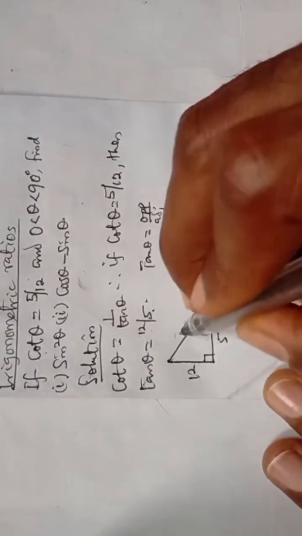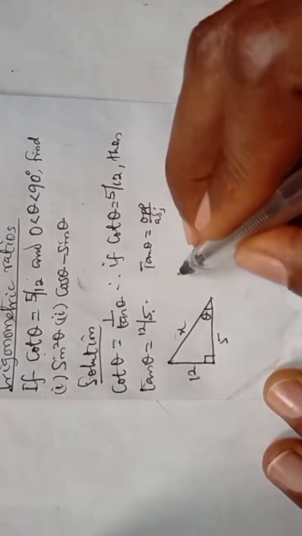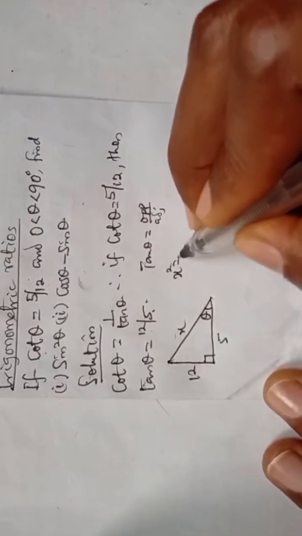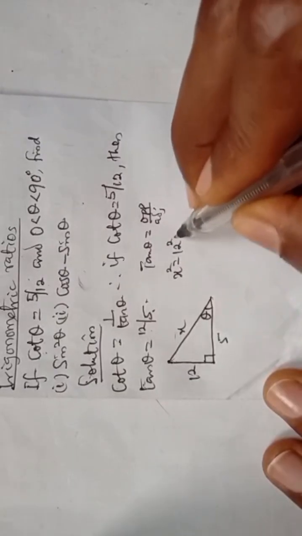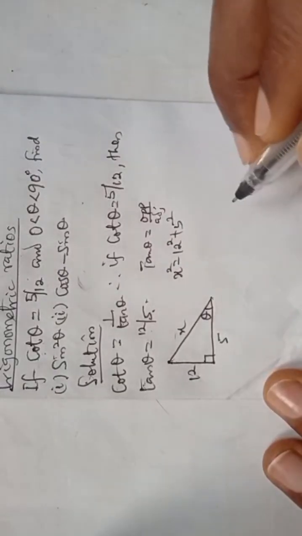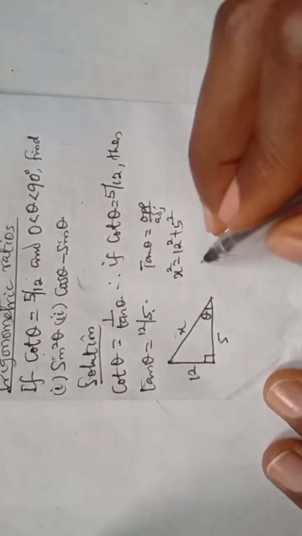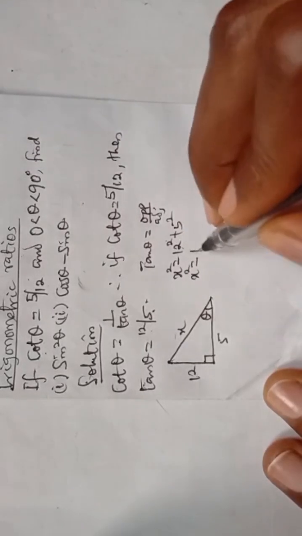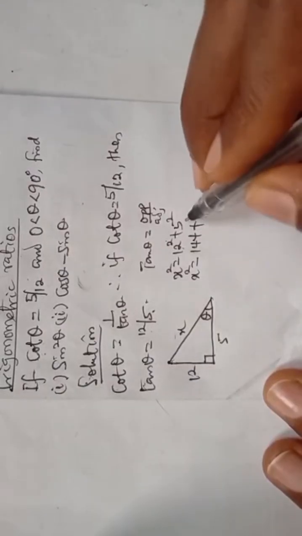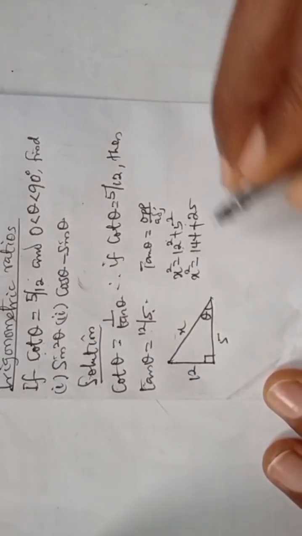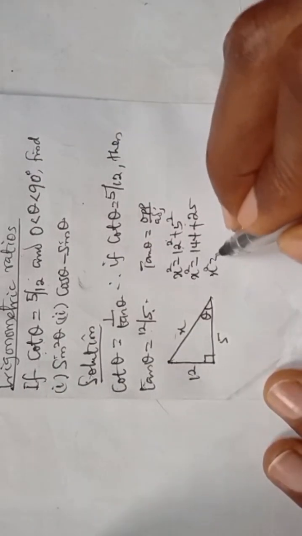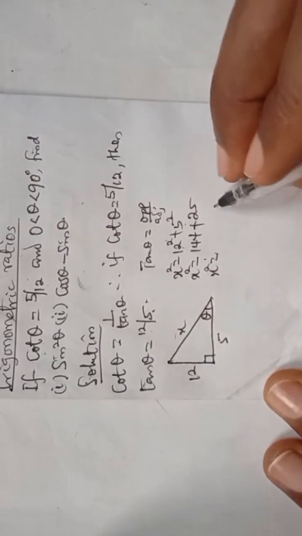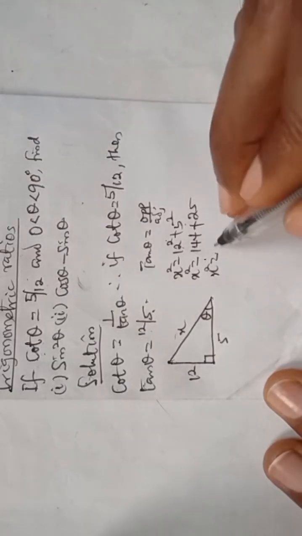Let me first call it x. By Pythagoras theorem, x squared is equal to 12 squared plus 5 squared. 12 squared is 144, 5 squared is 25, so x squared is 169.